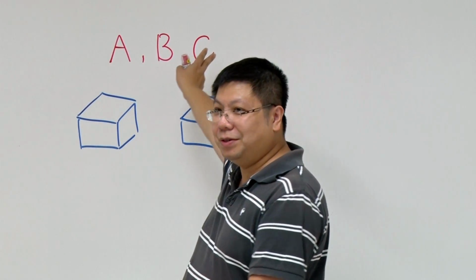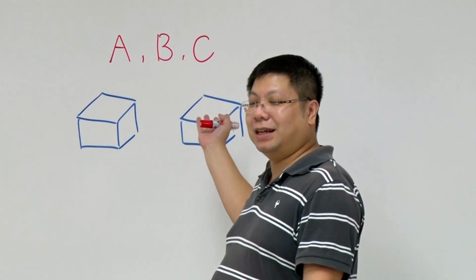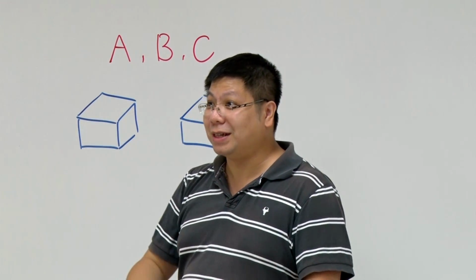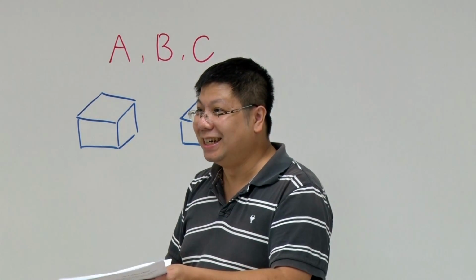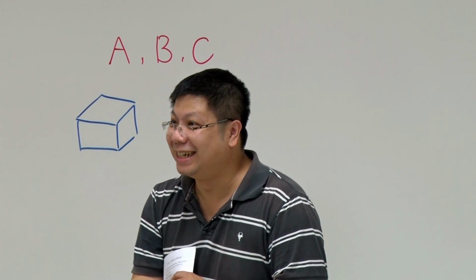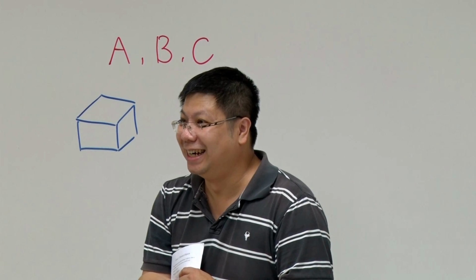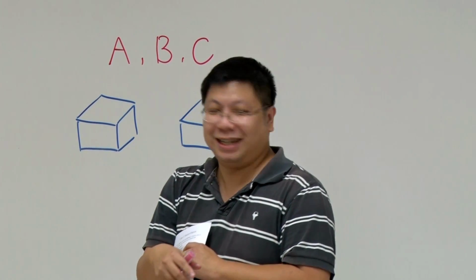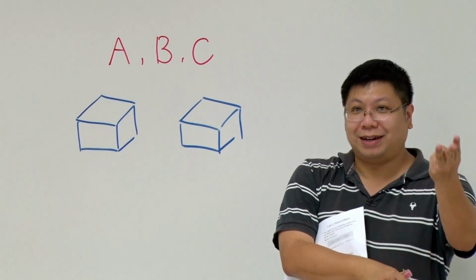All the objects have to be used. But the boxes are not differentiable. So how many ways? Three. Yes, there are going to be three ways, right?